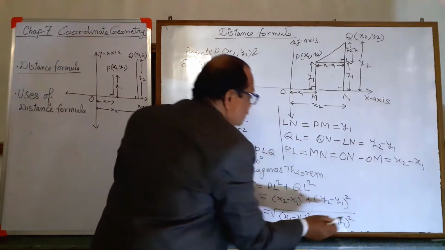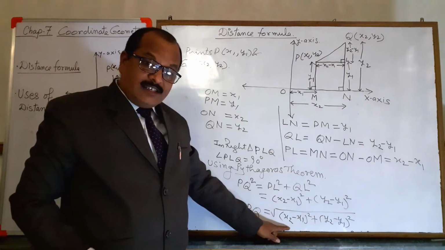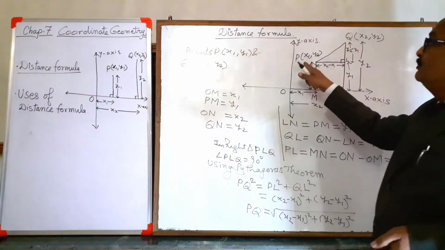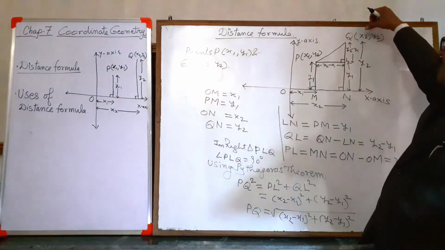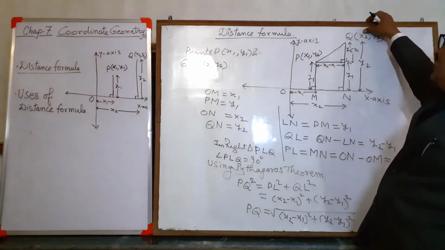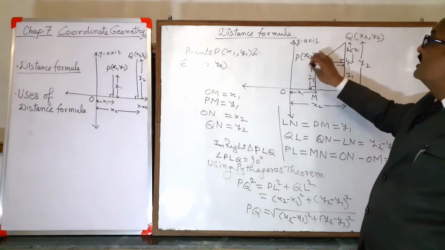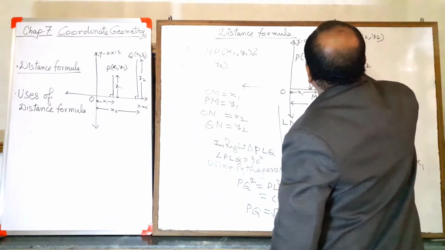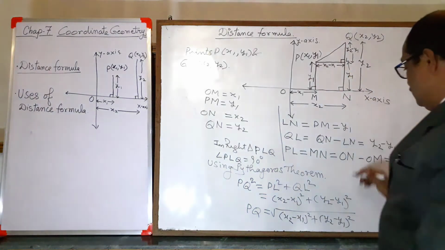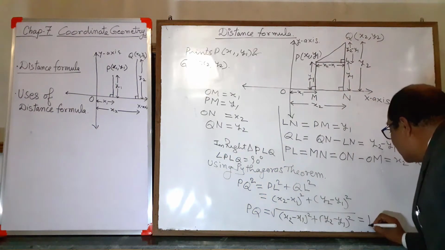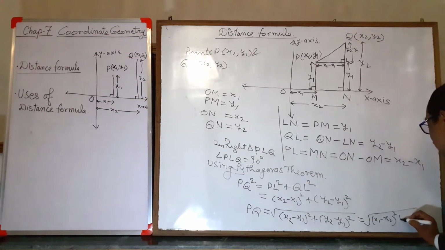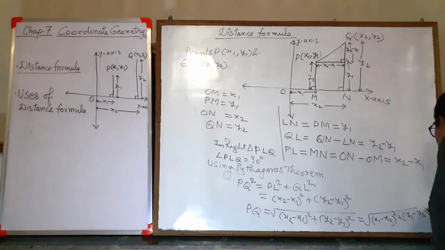Once more I would like to explain. Students, you can rewrite it also. Since you have selected here point P and Q, suppose the coordinate of P point is selected as x1, y1 and this is x2, y2. So this formula will also be written as x1 minus x2 whole square plus y1 minus y2 whole square.